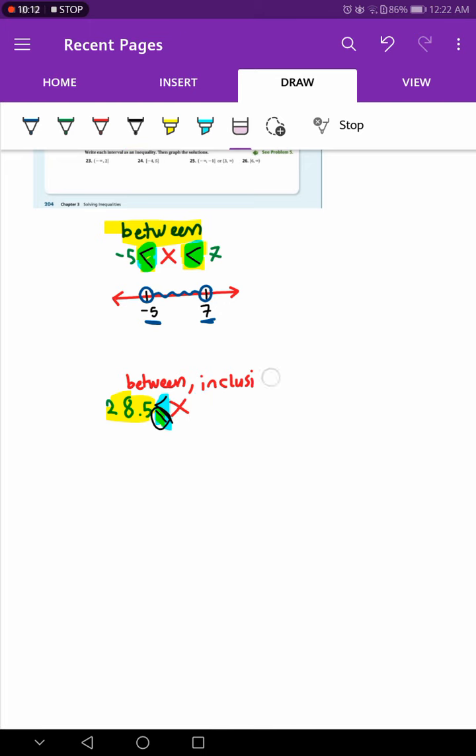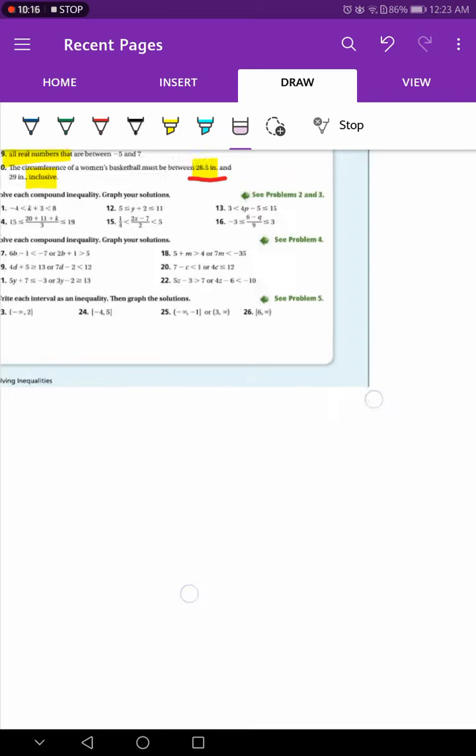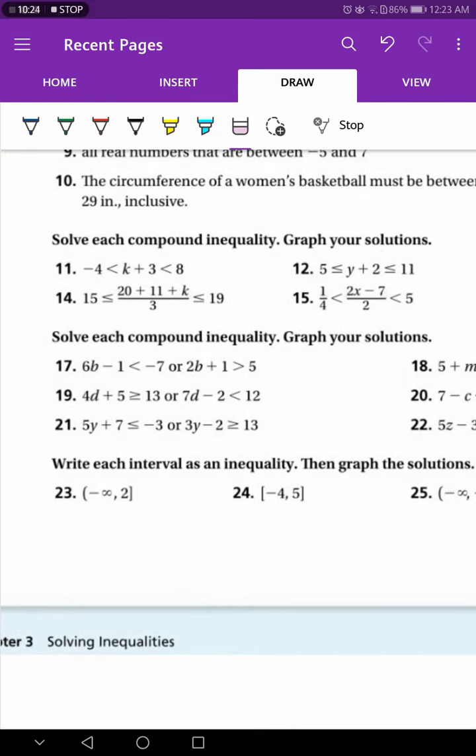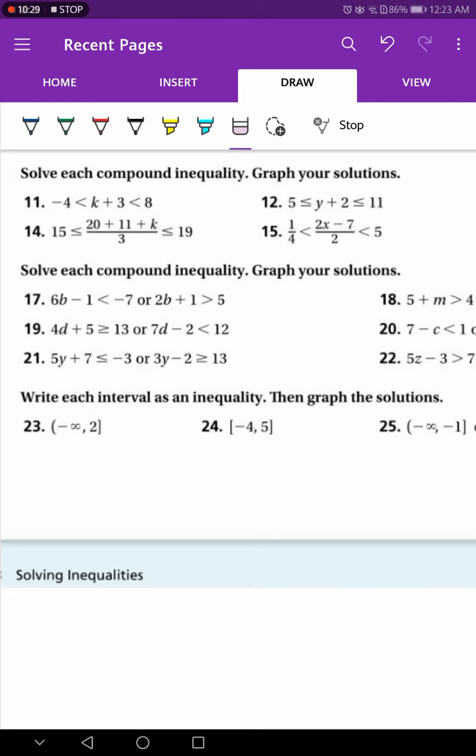I hope so. Let us move to the next question, my dear student, which is 11. The question says: solve each compound inequality, graph your solution.